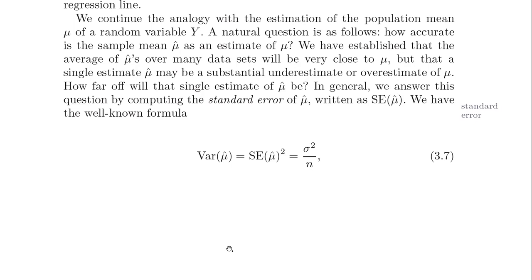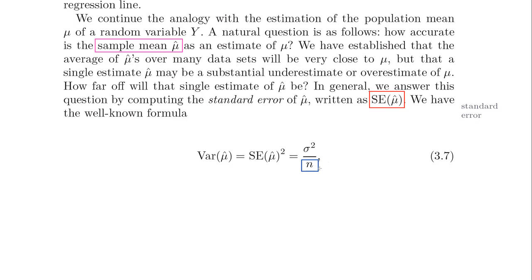And does it make sense to you? The larger the n, the more data points you're including in the calculation of the sample mean, so you would expect the standard error to be lower.